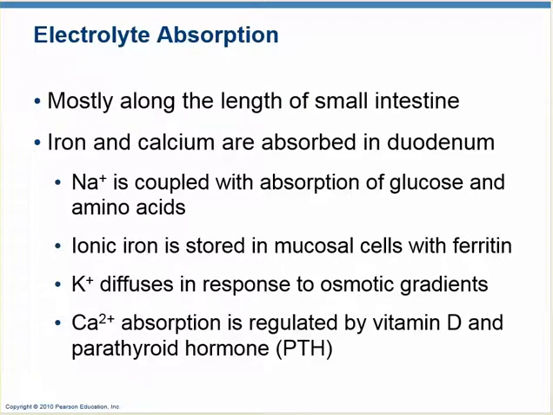Electrolytes get absorbed anywhere in the small intestine. So iron and calcium are absorbed in the duodenum. In order to absorb calcium, you need vitamin D. Vitamin D is synthesized in the skin from cholesterol because of sunlight, and it facilitates the absorption of calcium.